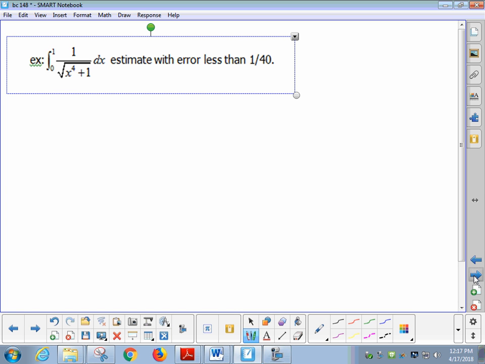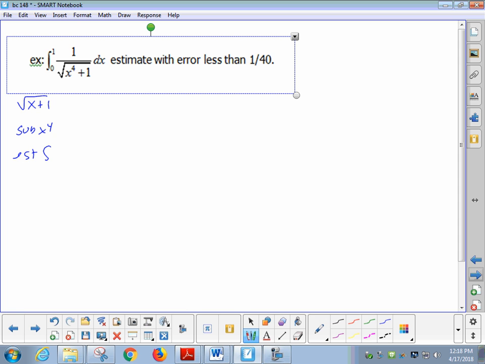So, before you can use a series or get any error term, you need to develop the series for it. I would strongly suggest you don't go with x to the fourth. Instead, go with the series for x plus 1, then substitute in x to the fourth, and then estimate the integral.